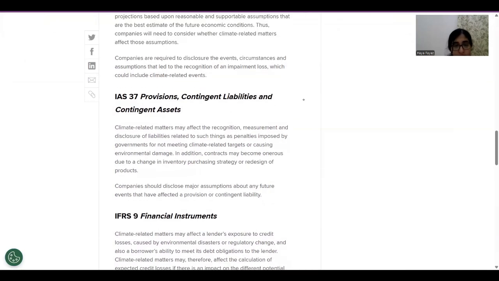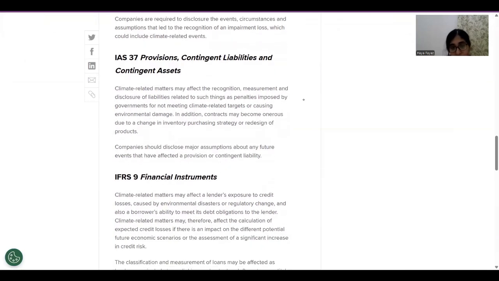So I guess IAS 37, then it's talking about, again, if you have not met the targets for the climate related matters, there could be penalties. You would have to record a provision for the same. And if your inventory purchasing or your product redesign has taken place, that means your current products will become obsolete. Your inventory is not useful anymore.